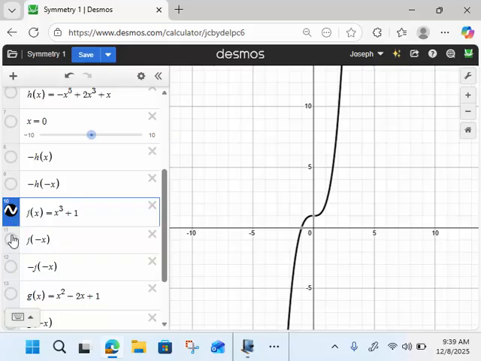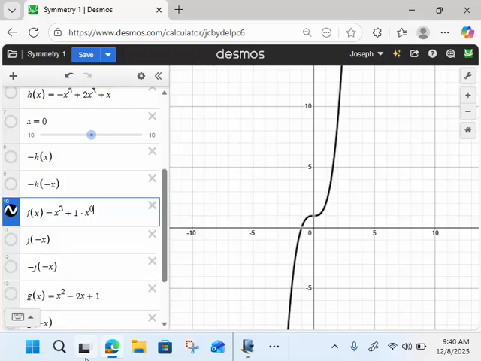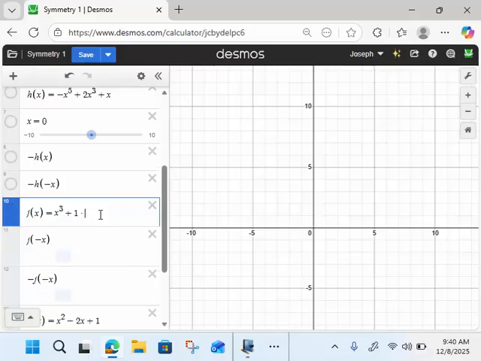Or I could say, this is not the negative of the original one. Okay? Moving it up one messed everything up. Because remember, 1 is really x to the 0 power there. So you have odd exponents and even exponents. Okay? So this is not anti-symmetric. If I flip this over the y-axis and then over the x-axis, it would not match.